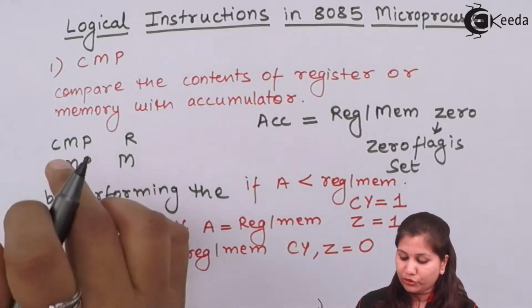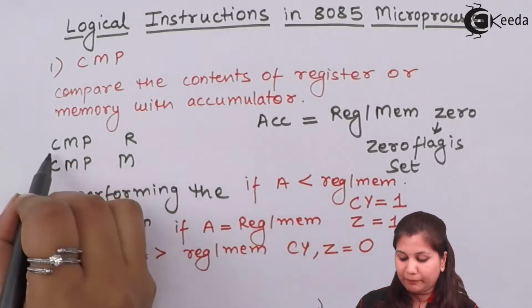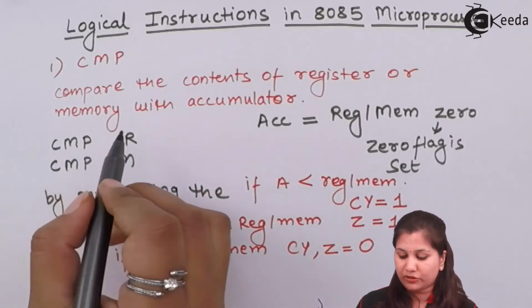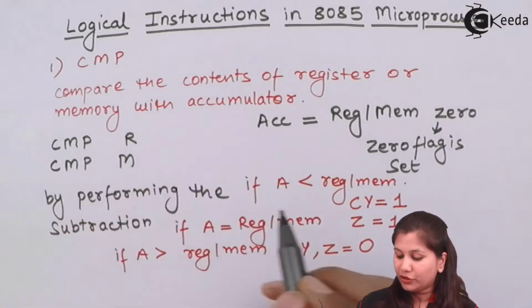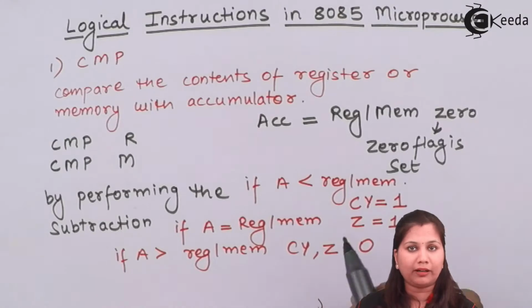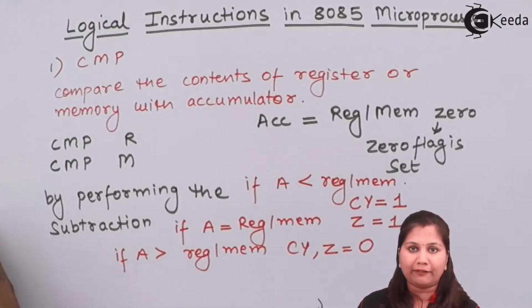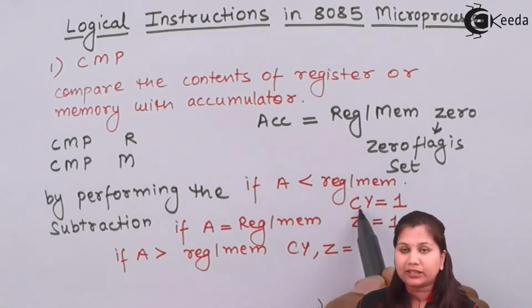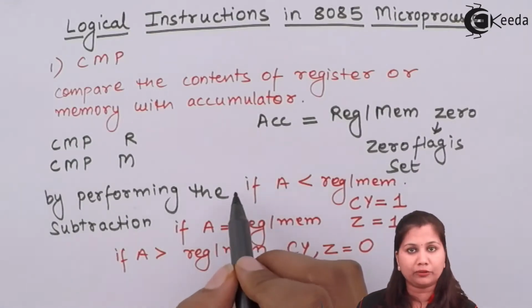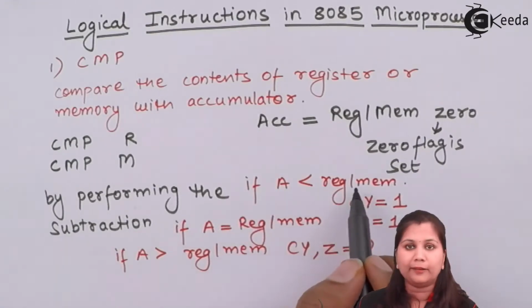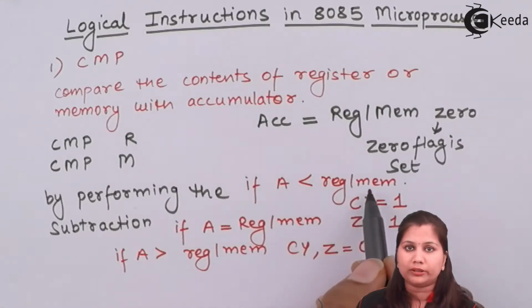So we are going to compare both contents, register with the accumulator and memory with the accumulator, and we will check the condition of the flags. Carry flag and zero flag will be checked. If we find that the carry flag is set, then we can say that the contents of the accumulator are less than the contents of the register or the memory.